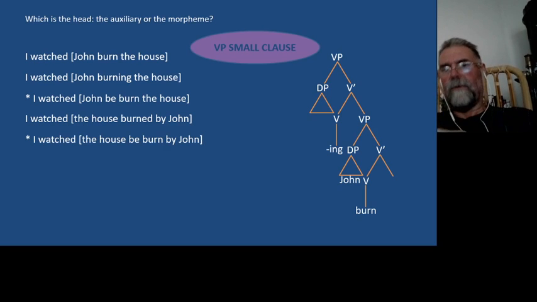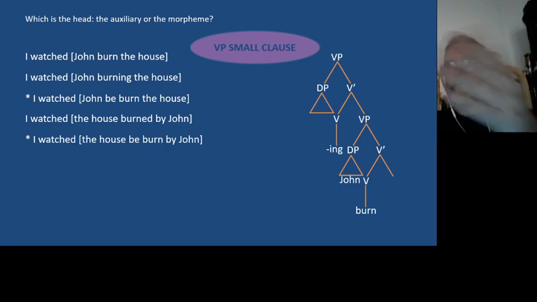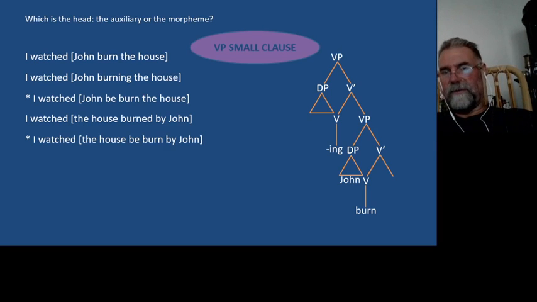I haven't gone into all the details just because I don't want to complicate things anymore, but obviously burn is one of these transitive verbs with an agent and an agentive verb. But anyway, we've got that verb phrase at the bottom. John is the agent, the main verb is burn, and there's going to be a theme position lower down inside another VP. Above that, then we've got our aspectual verb phrase headed by this ing morpheme.